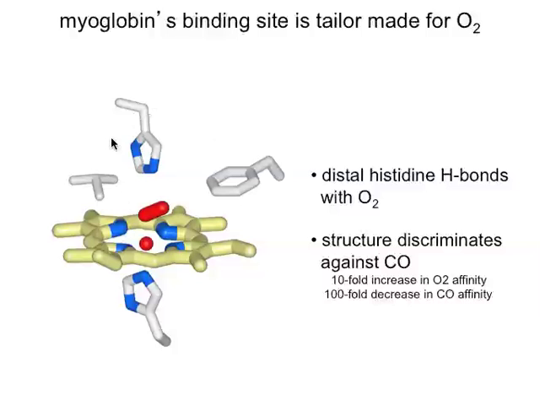So in effect, even though carbon monoxide still has a stronger affinity, this distal histidine serves to improve the affinity for oxygen many fold. I should also point out that another way that we overcome that high affinity for carbon monoxide is to make sure that carbon monoxide concentrations stay relatively low.